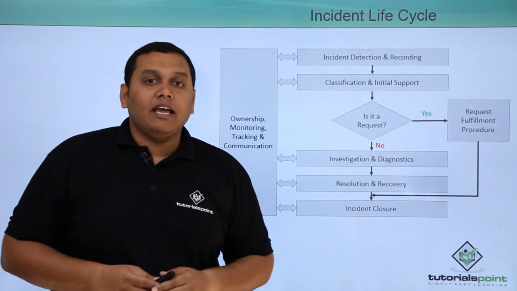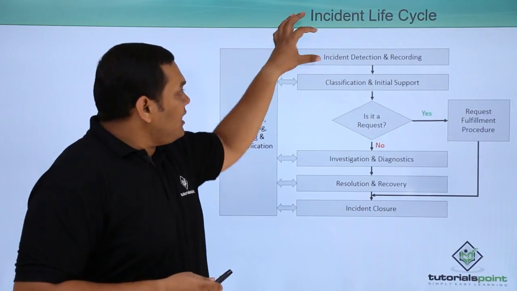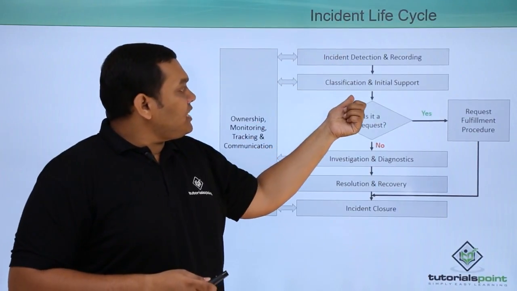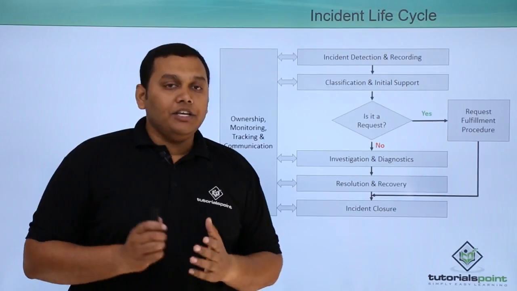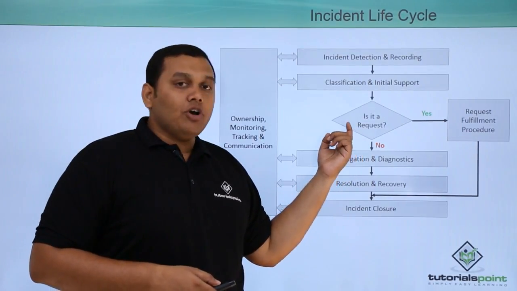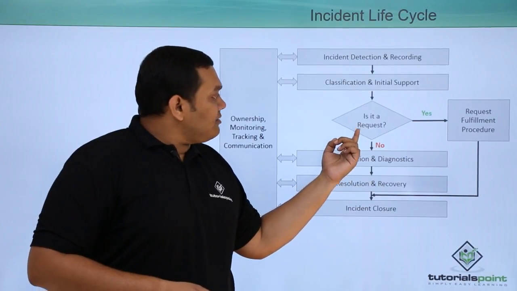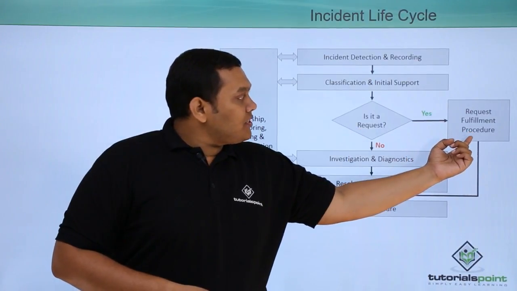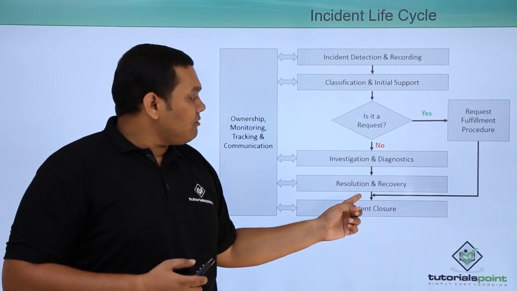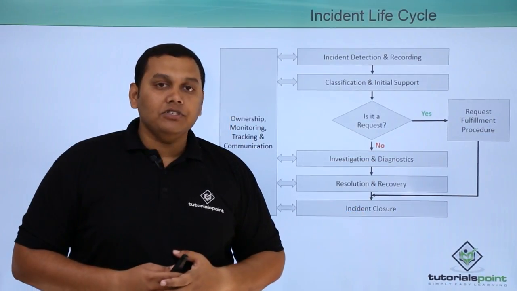Coming to the incident life cycle, how is it designed? When an incident is detected and recorded, classification and initial support is provided. After that, it is categorized as a request or an incident. If it is a request, they go with the request fulfillment procedure, then resolution and recovery, and the incident or request is closed.